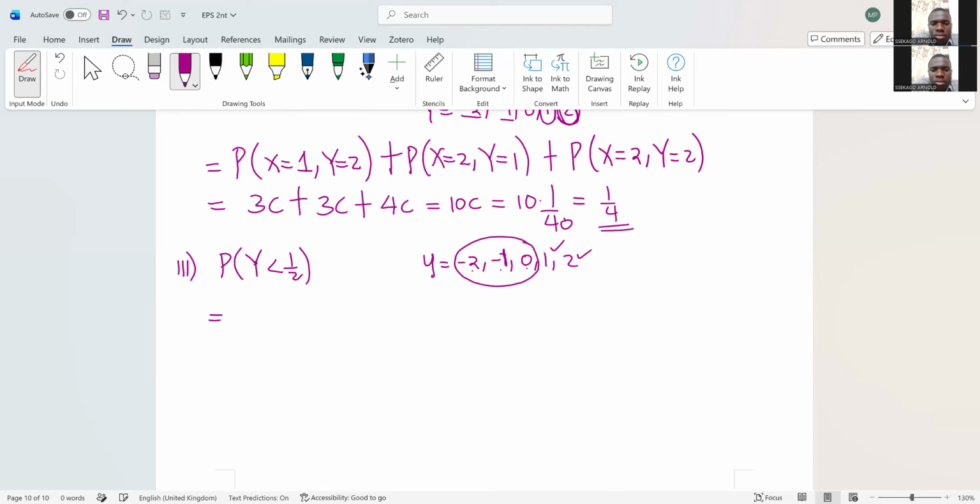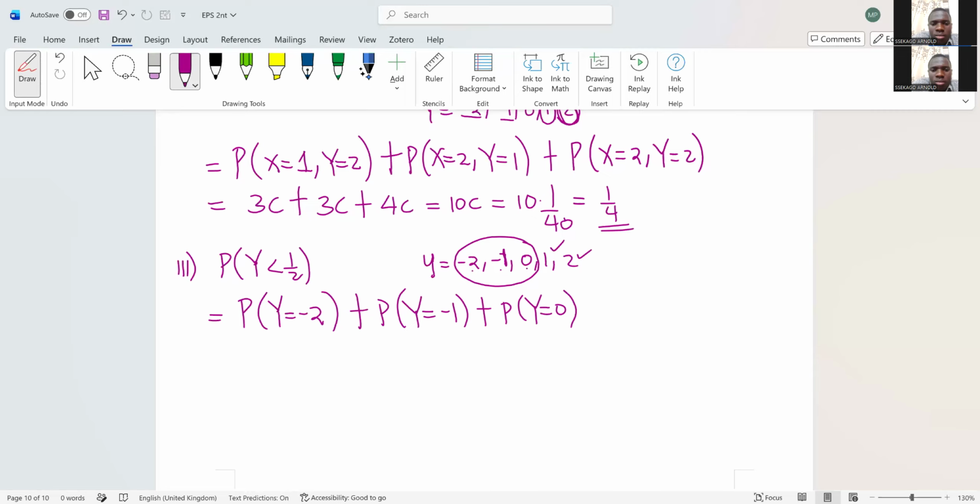So therefore, this is the probability of Y equals -2 plus probability of Y equals -1 plus probability of Y equals 0. Y equals -2 simply means that Y is fixed, then X is varied. If you recall in my first example, Y is fixed, X is varied.